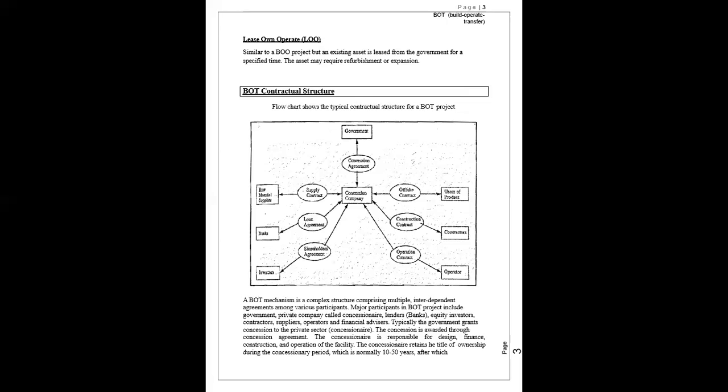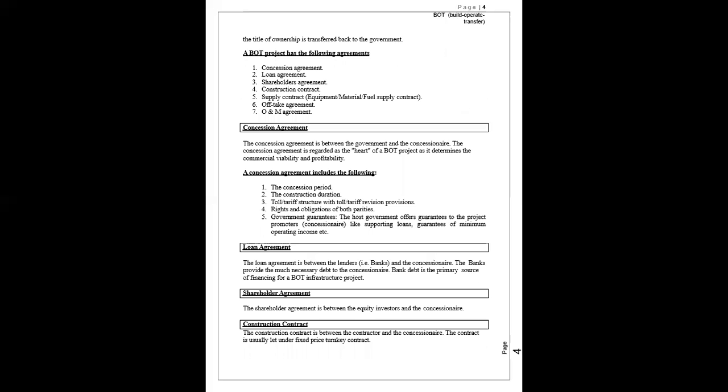Okay, after that agreement period that is specified by 10 to 50 years, after that ownership is returned to the government. In these BOT agreements, the following different agreements are considered.